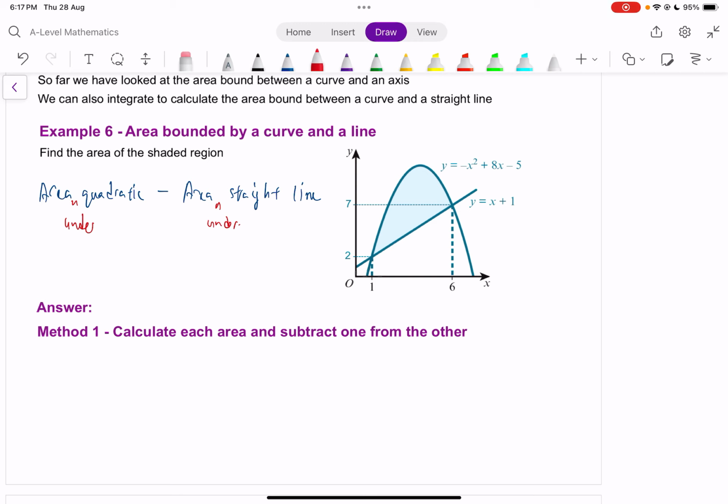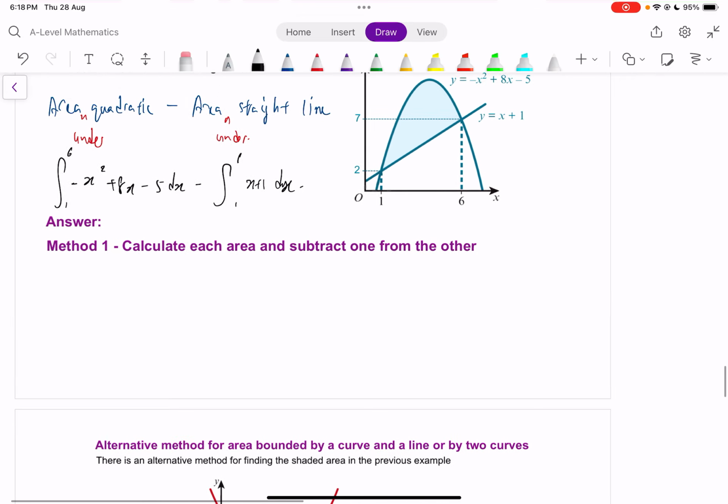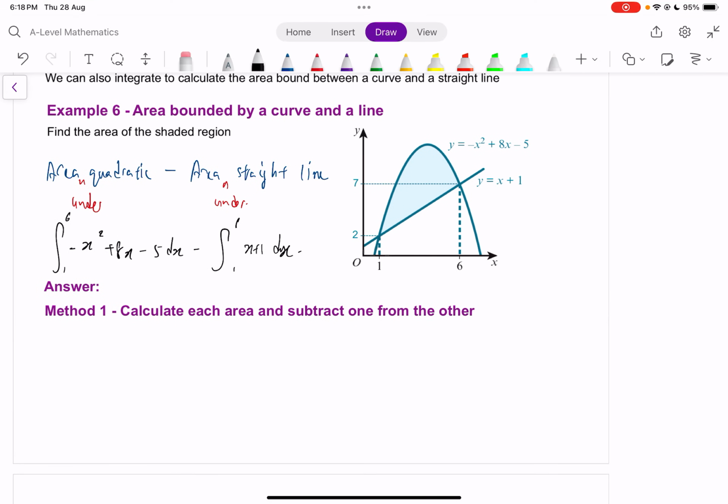To simplify a bit, we can write the integral of negative x squared plus 8x minus 5 dx, minus the integral of x plus 1 dx, from 1 to 6.